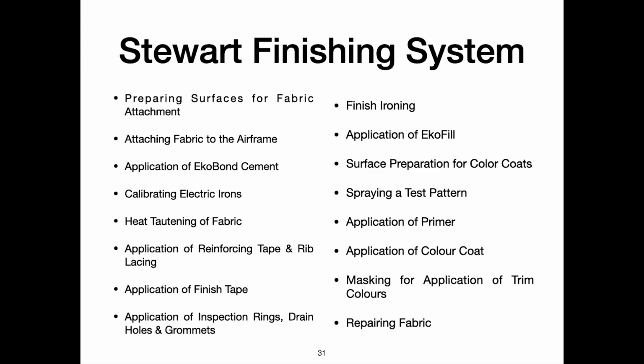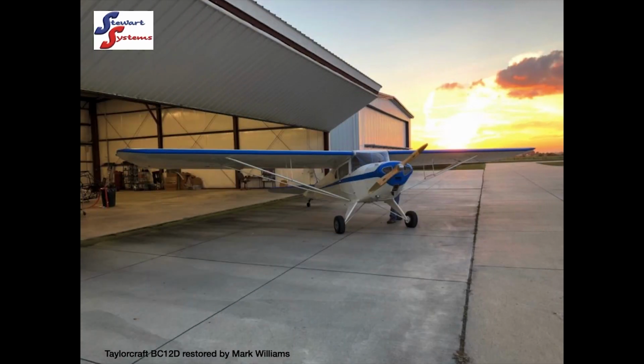Then finishing ironing, application of EcoFill, surface preparation of color codes, spraying a test pattern, application of primer, application of color coat, masking for application of trim colors, and then at last, if needed, repairing the fabric.